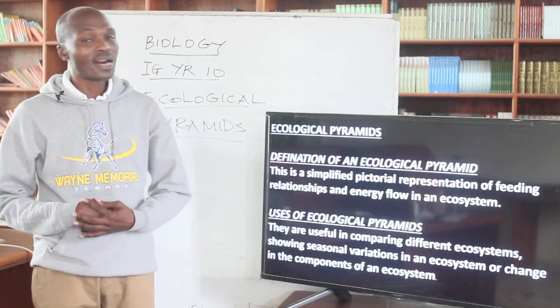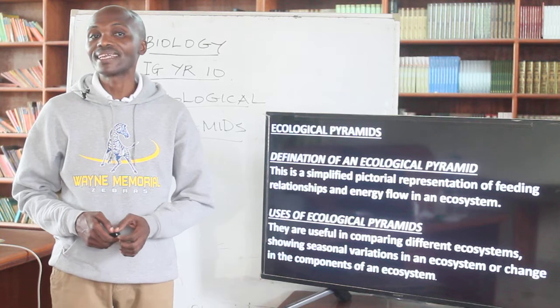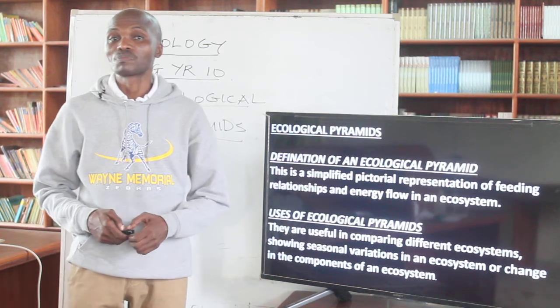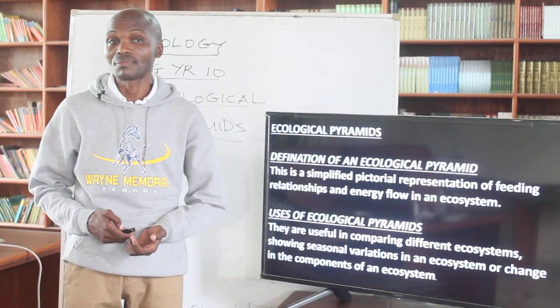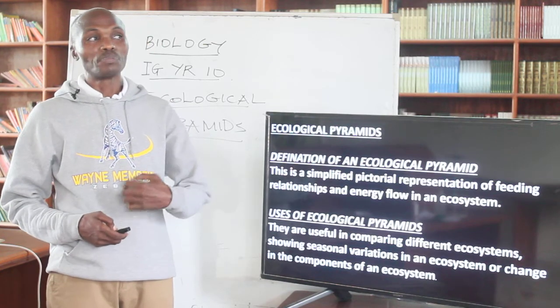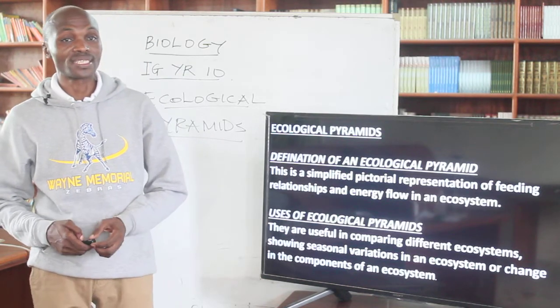Ecological pyramids can be defined as a simplified pictorial representation of feeding relationships and energy flow in an ecosystem. So these are simplified pictorial representations of how feeding relationships occur within an ecosystem.